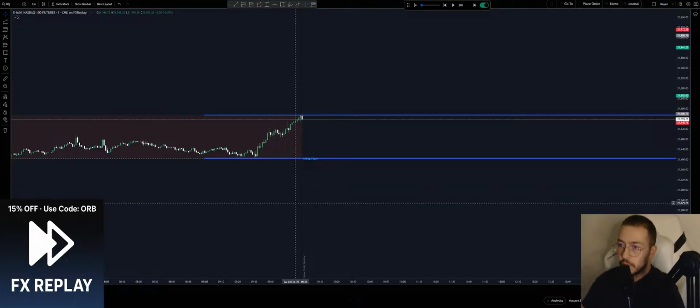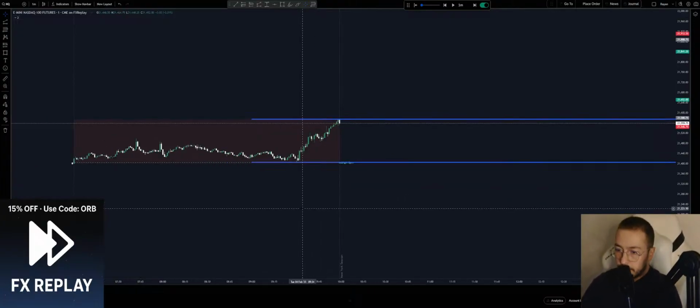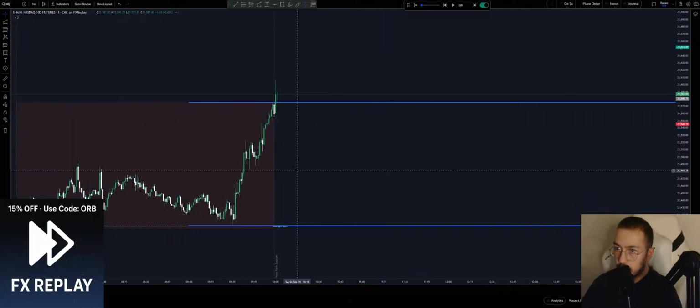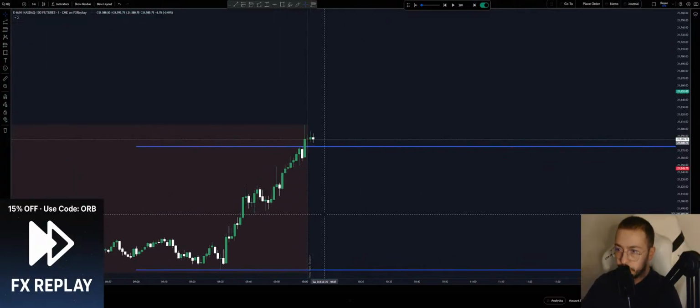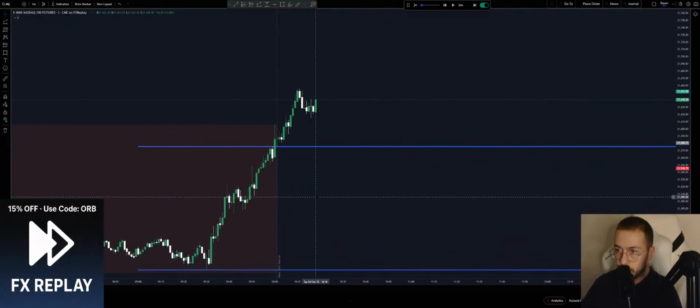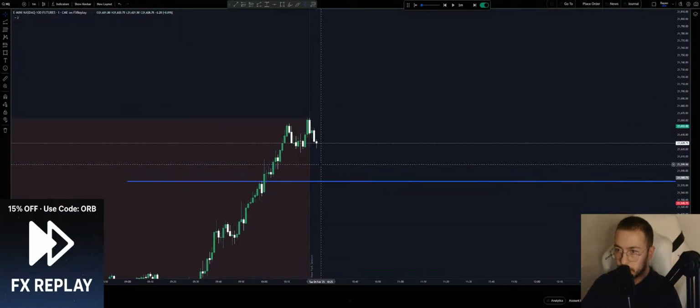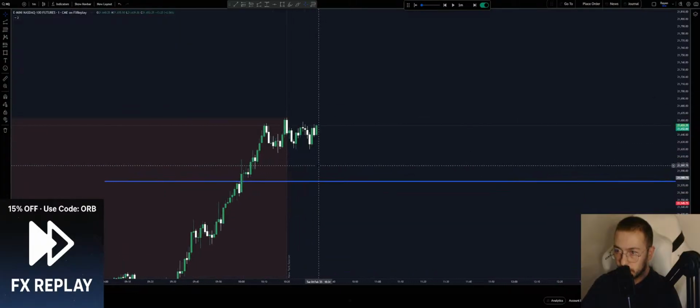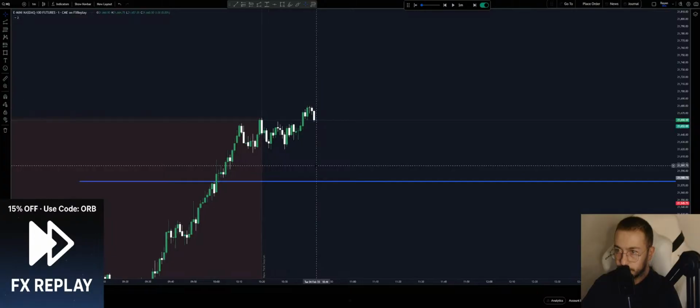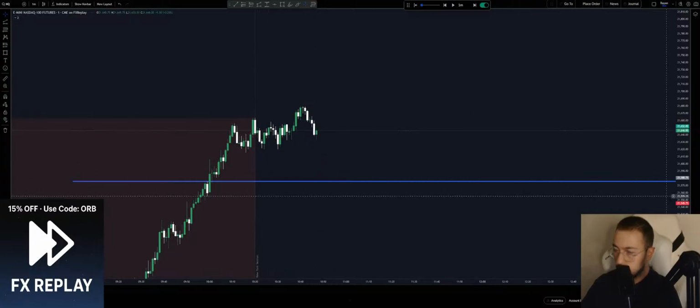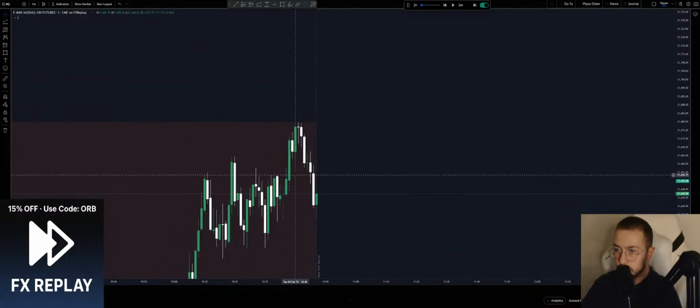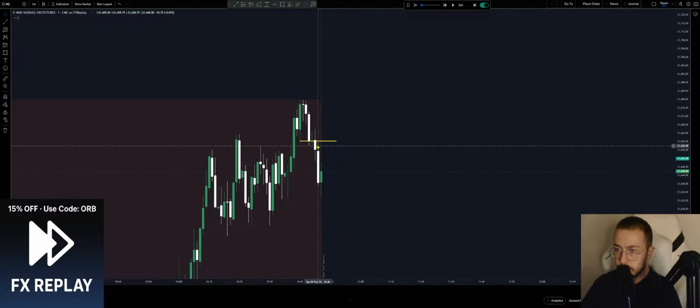Okay, so mark the high and the low. We swap the high. No break of structure. Yeah, so we did break structure here.